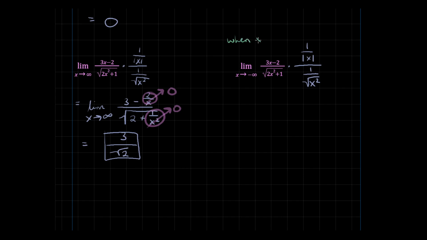When x is going to negative infinity, 1 over absolute value of x is actually going to negate that x. Because x is already negative, right? The absolute value here is going to turn it positive, and when x is negative, negative x is positive. It's kind of a tricky thing there.